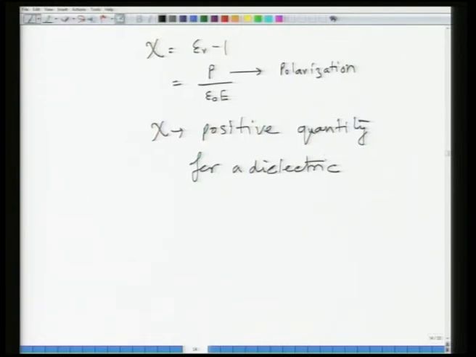In a nutshell, the job of a dielectric is to increase the charge storage capacity of a parallel plate capacitor. That is because it is characterized by a quantity called relative permittivity, which is always greater than 1, and this is because of polarization within the dielectric material.